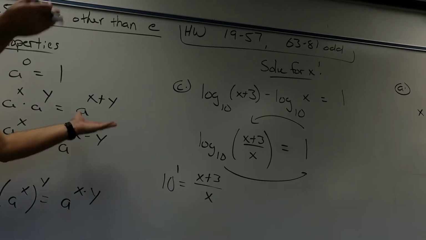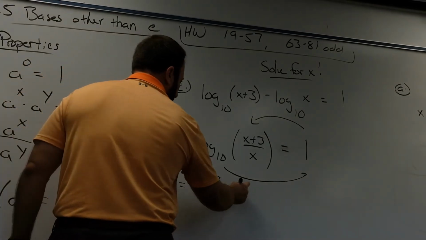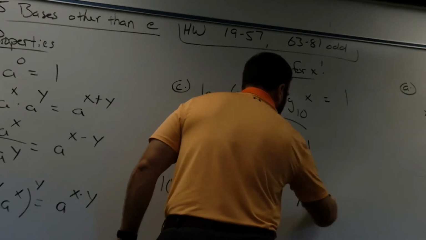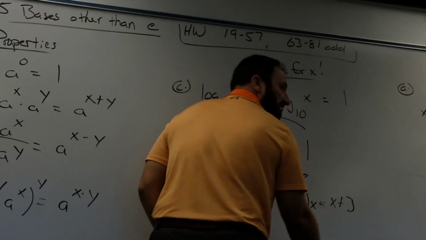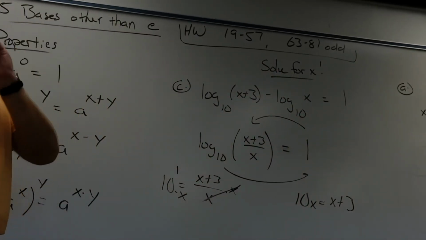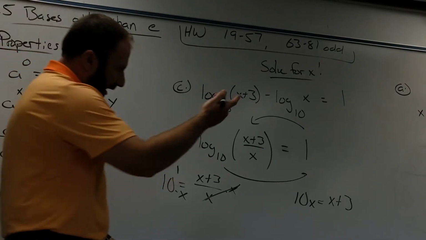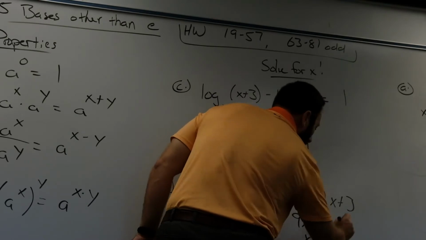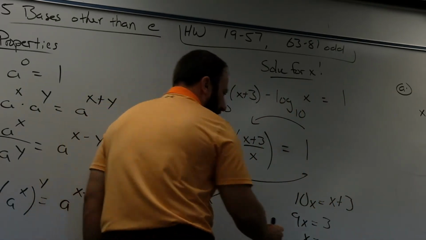Multiply both sides by x. So I would get 10x equals x plus 3. What's the next step? Subtract x. So 9x is 3. So what's x going to be? 1/3.